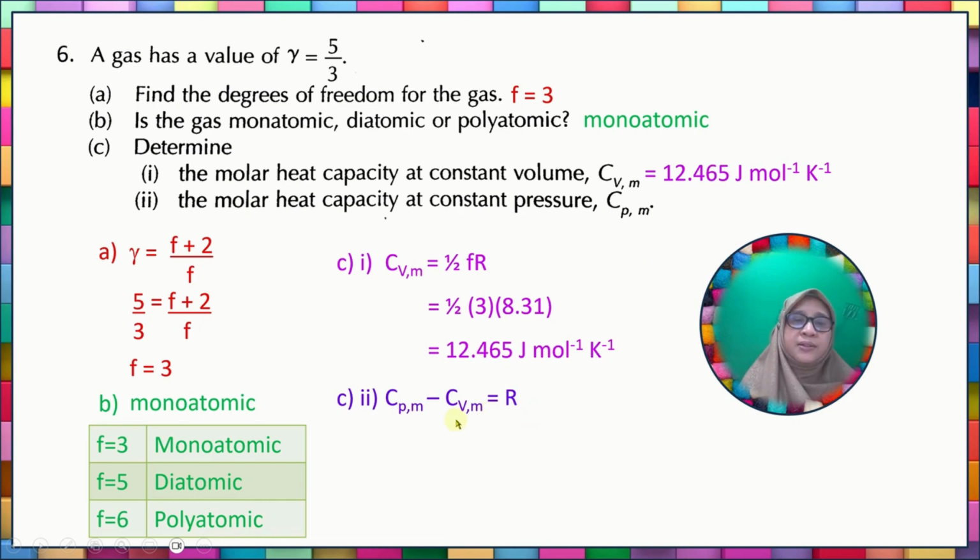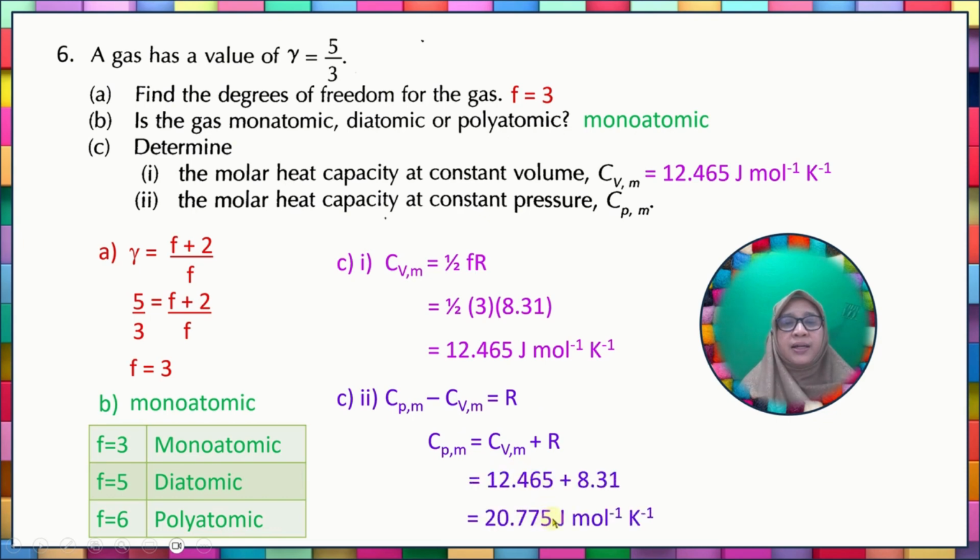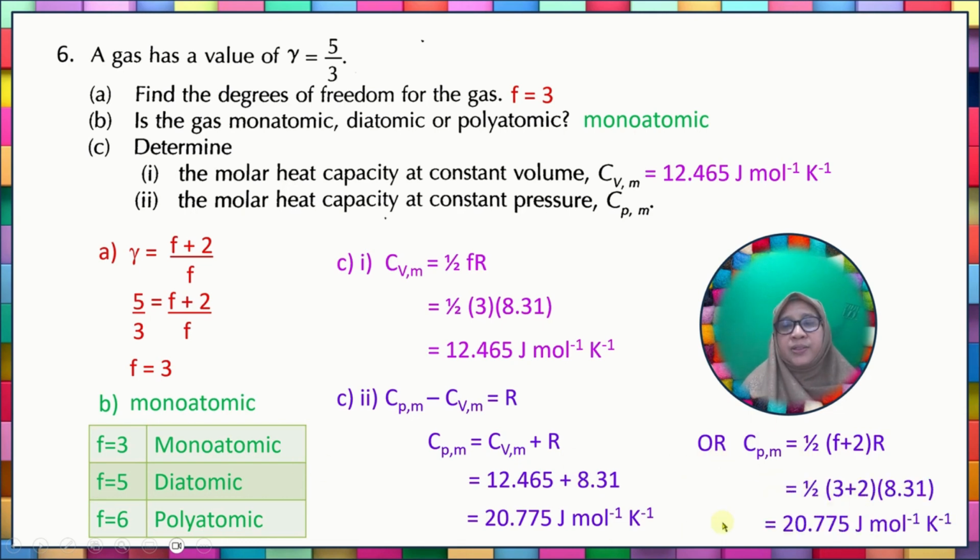You can use the relationship between CPM and CVM, CPM is CVM plus R, so we get 20.775 joule per mole per Kelvin. Or you can use CPM equals half bracket F plus 2 R. There are two formulas that can be used, and you will get the same answer.